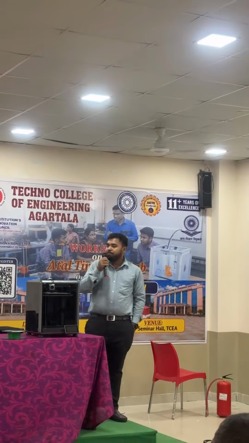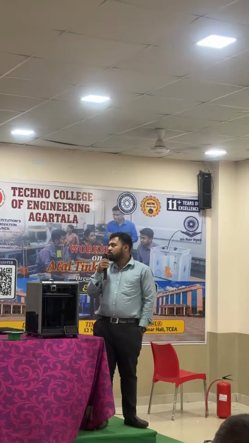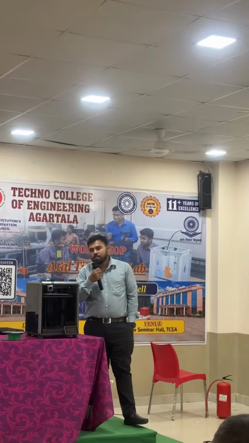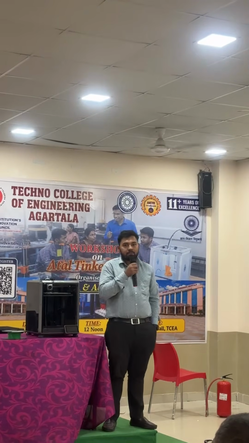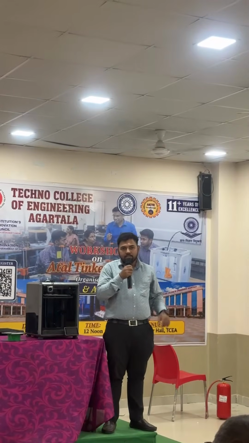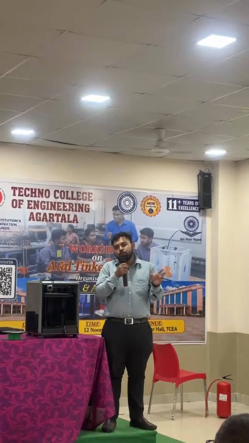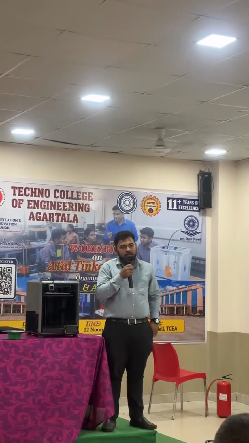So, from a basic perspective or at the school level, we can use a 3D printer to make alphabets from A to Z. If we have a 3D printer in our school, we can make alphabets as 3D models. We just have to type A, put it into a slicing software, then make it on a 3D printer.